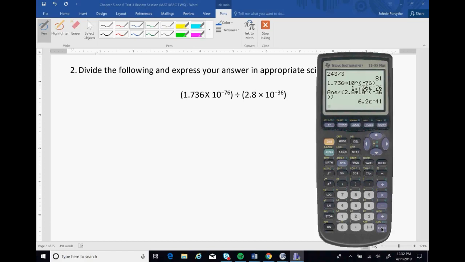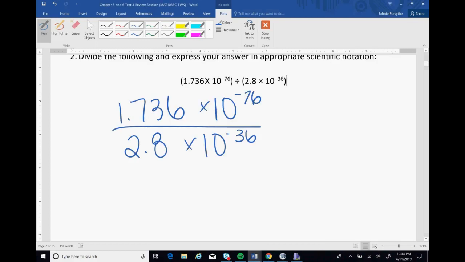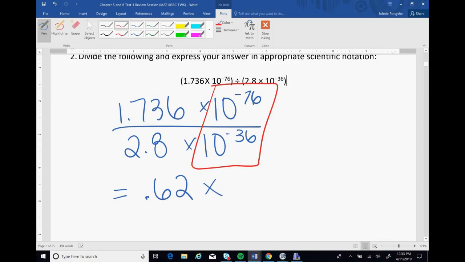You can also do it like this. If we divide in our calculator 1.736 divided by 2.8, we're going to get 0.62 times, now if you look here, think of your exponent rules. We are dividing exponents with the same base.